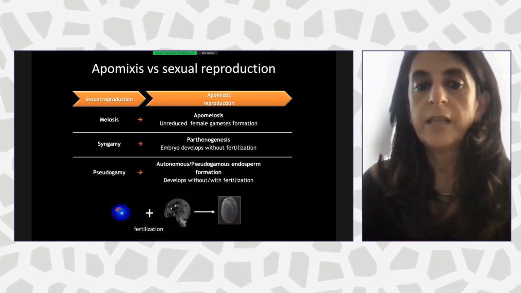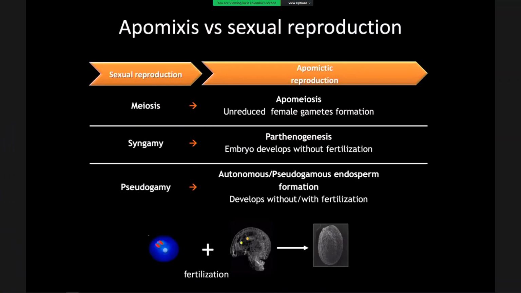Here is just a summary of the basis of apomixis, where I compare apomictic reproduction to sexual reproduction. As you can see, the first step is to obtain unreduced female gamete formation. And this could be achieved by making gametes without meiosis. Meiosis, I remind you, is also a process that introduces variability through recombination.